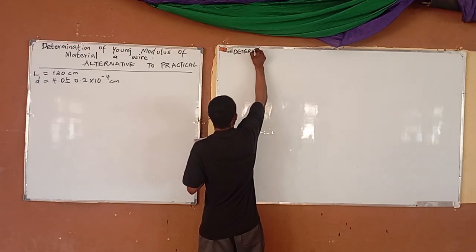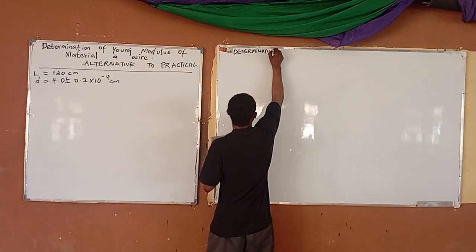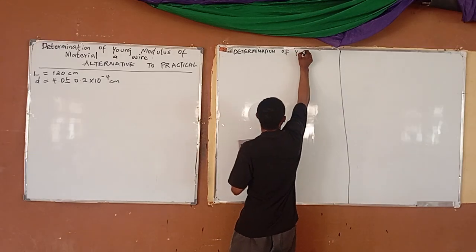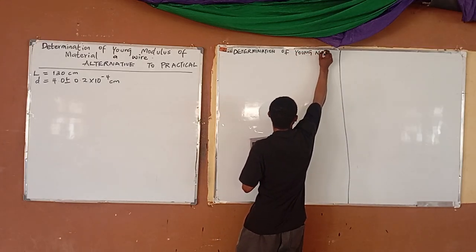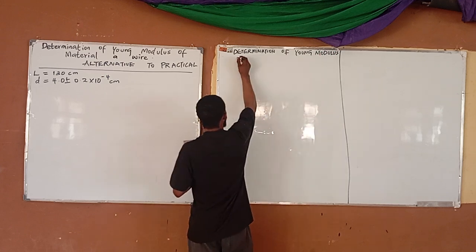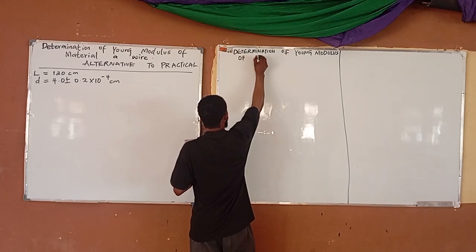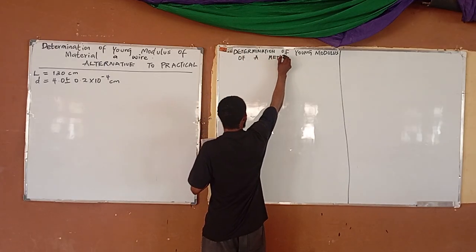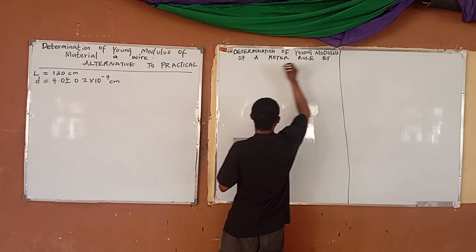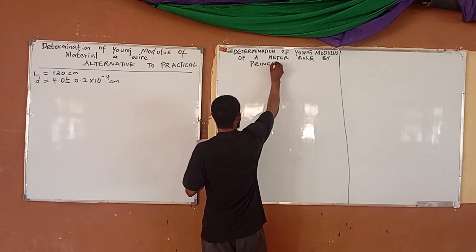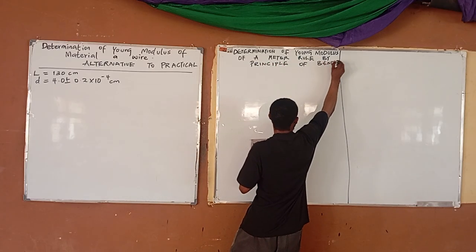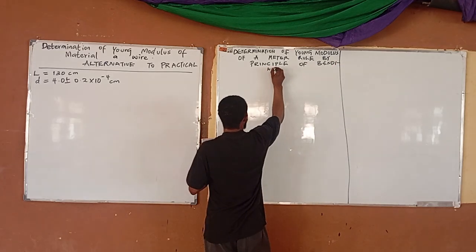So then I have determination of, so we'll be doing everything simultaneously, of Young modulus of a meter rule by principle of bending moments.